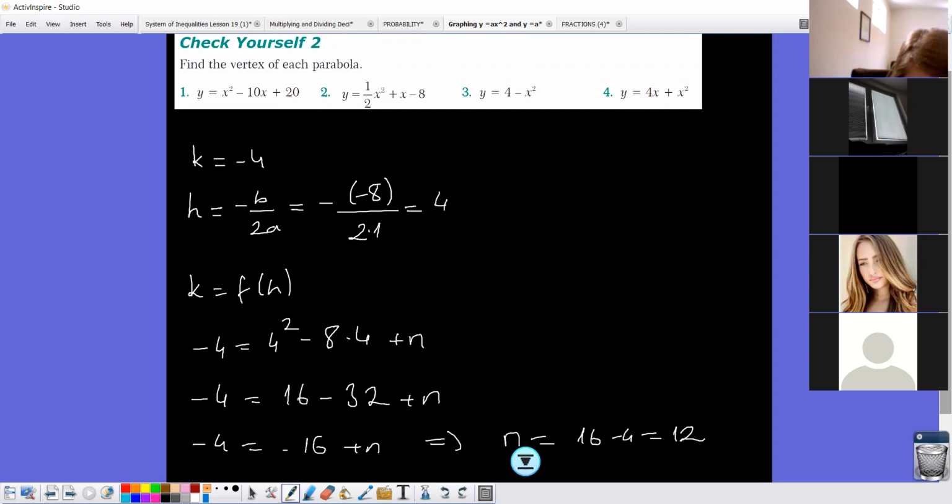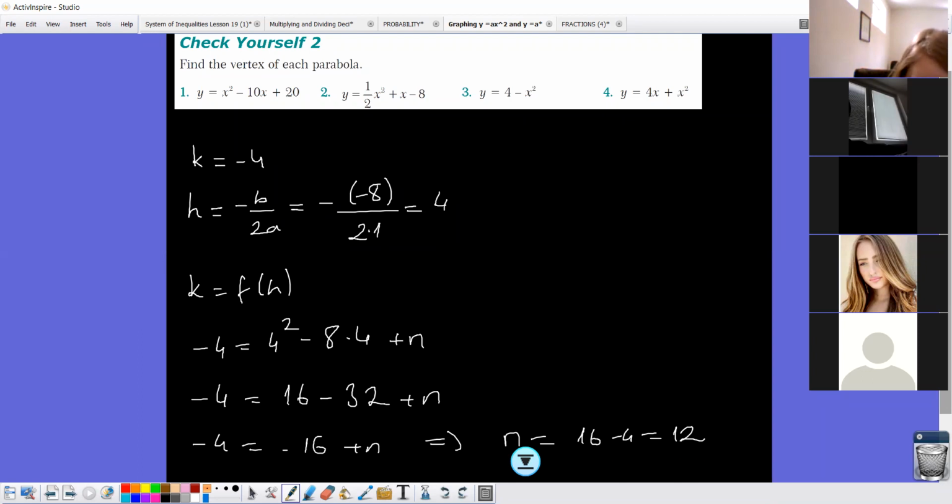Teacher, in these equations, the coordinate of y is k and the coordinate of x is h. Yes. The x coordinate of the vertex point is h, and the y coordinate of the vertex point is k. And what is the vertex point? It is the highest or the lowest value of the function. And if we draw it on the coordinate plane, we will get the parabola.